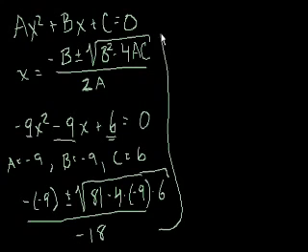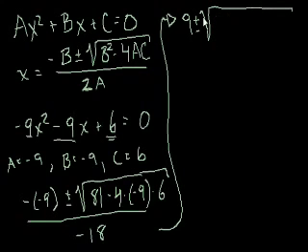Let's try to simplify this up here. Well, negative 9, that's positive 9, plus or minus the square root of 81. Let's see, this is negative 4 times negative 9. Negative 4 times negative 9 is positive 36.